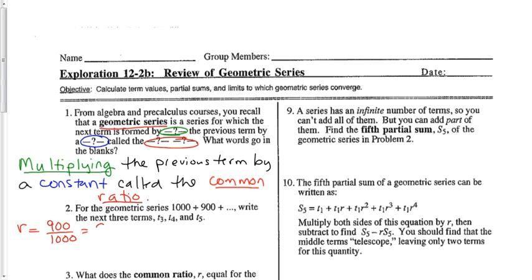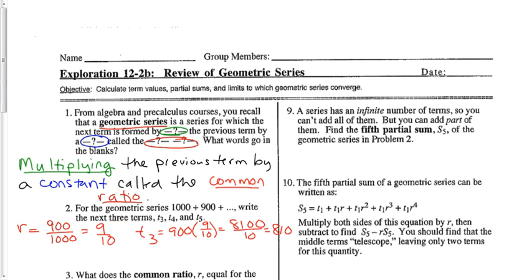So this common ratio is 9 over 10. To find term 3, that's going to be 900 times 9 over 10, and that comes out to be 8100 divided by 10, which is 810.